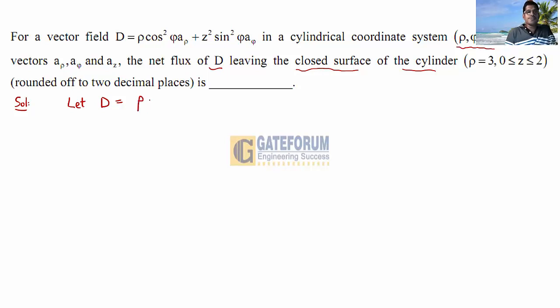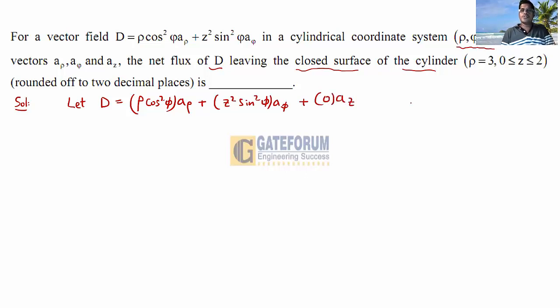So D equals rho cos square phi into a rho plus z square sin square phi into a phi plus 0 into a z.